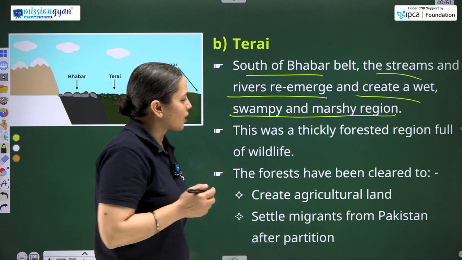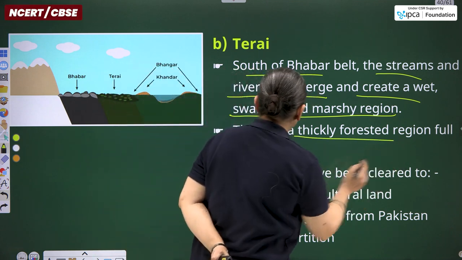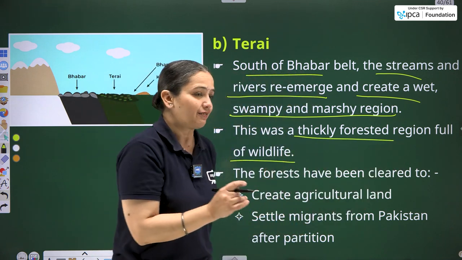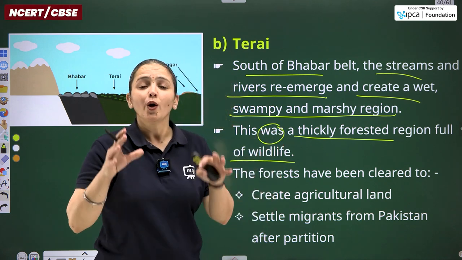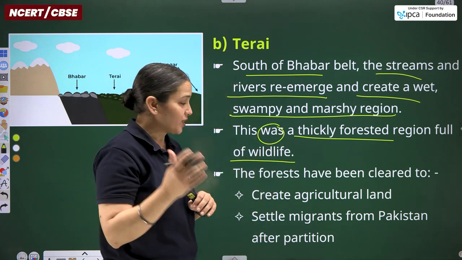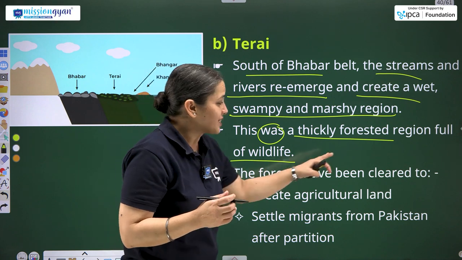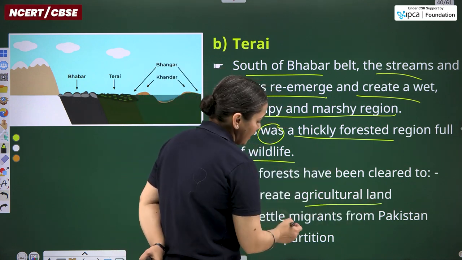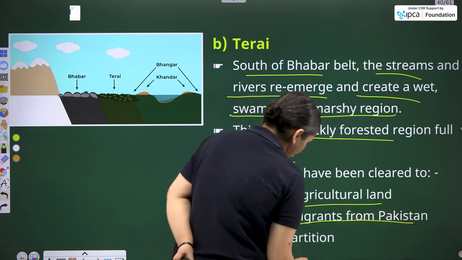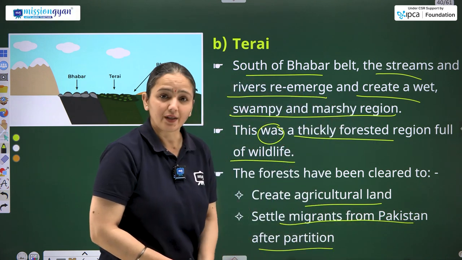This was a thickly forested region full of wildlife. If we are saying was, it means they are not present at this moment. And what's the reason for that? The forests have been cleared to create agricultural land and to settle migrants from Pakistan after partition.